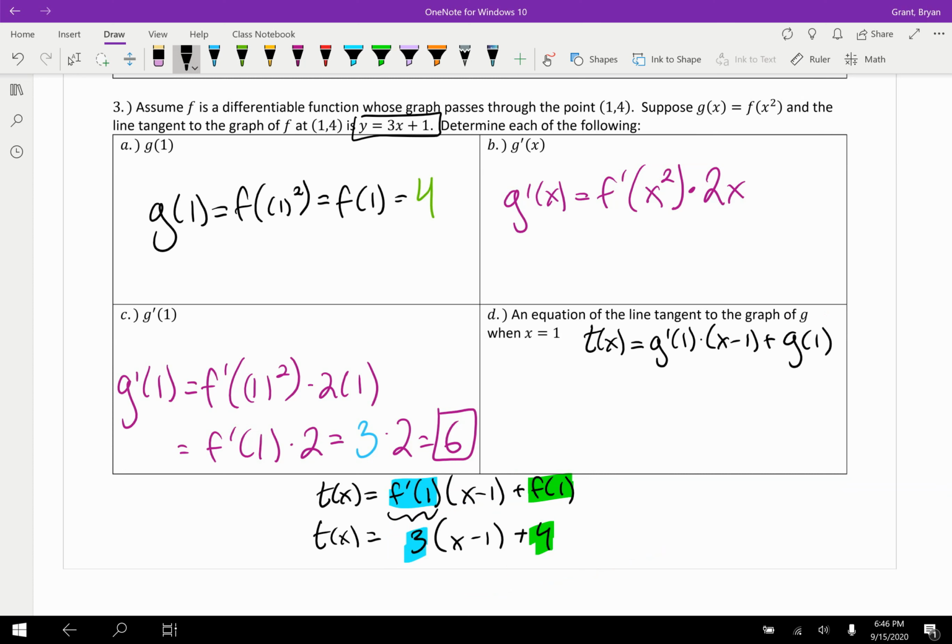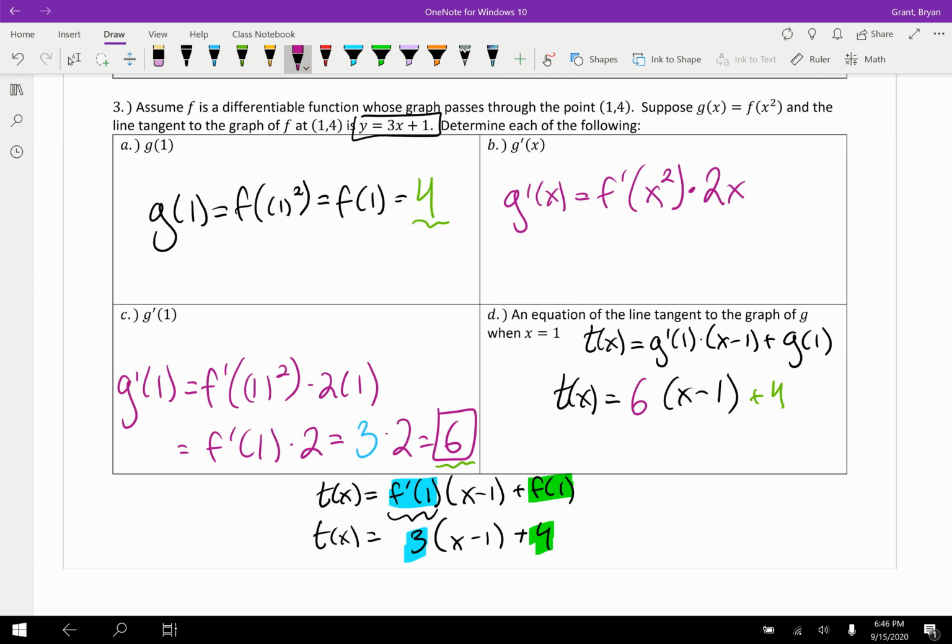And this problem is so clever because it set you up with g of 1 and g prime of 1. So I think we can skip right to our tangent line very quickly. I'm going to leave two little gaps right here. We found that g of 1 was positive 4, and we found that g prime of 1 was 6.